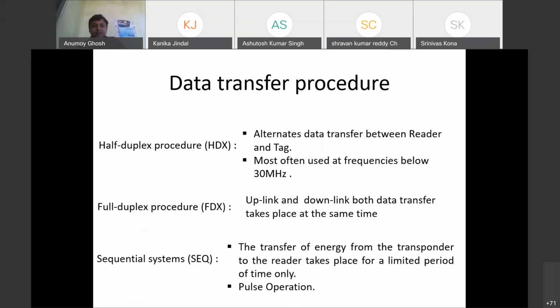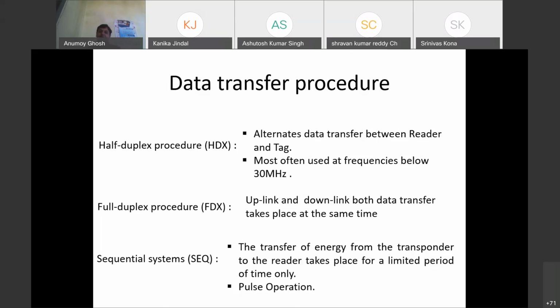Okay, this is discussed. Now, there are three kinds of data transfer for RFID systems. First is half duplex. That means alternate data transfer between the reader and the tag. That means when the tag is transferring data, the reader will not be able to transfer data, and vice versa. Full duplex means the reader and the tag can communicate with each other at a time.